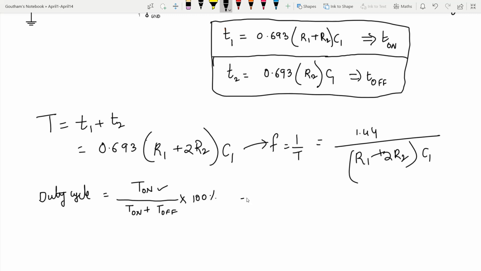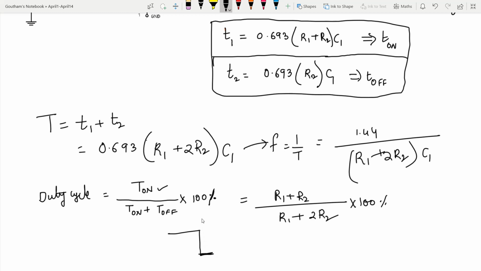If you plug in the numbers, this will turn out to be (R1 plus R2) by (R1 plus 2R2) into 100%. So duty cycle is the percentage of time the square wave is on compared to the total time period.